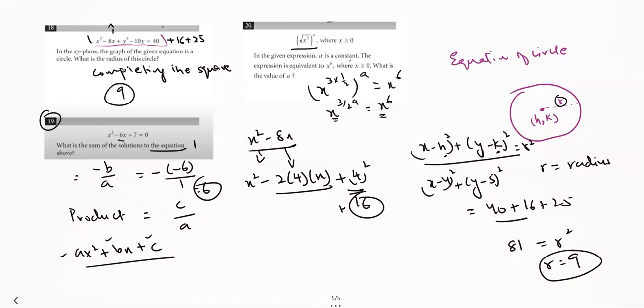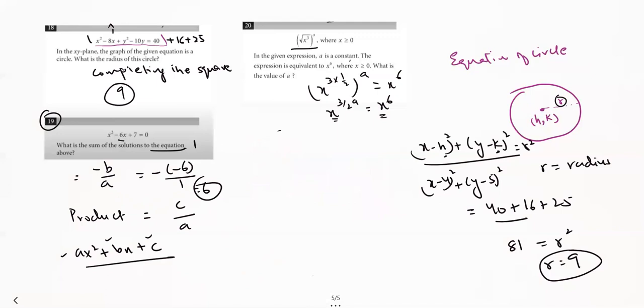Since these have the same base, we can equate the powers. 3 upon 2a is equivalent to 6. a is equivalent to 6 into 2 upon 3. So a is equivalent to 4. This is the end of this session.